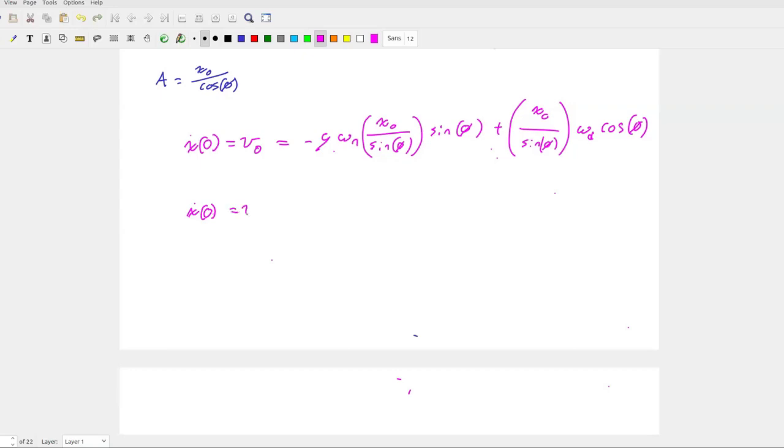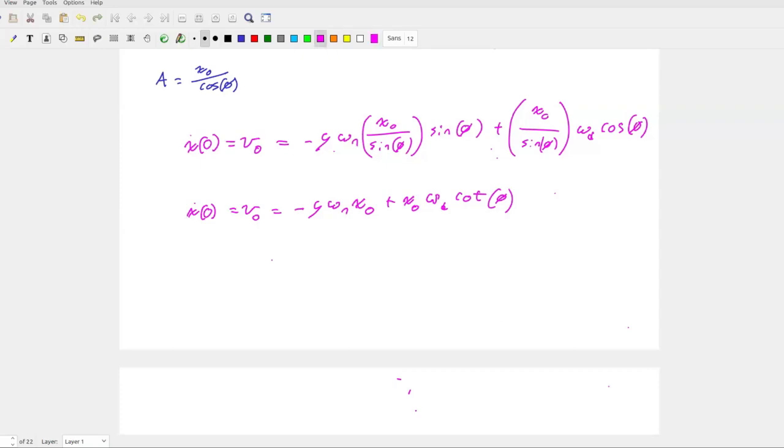Again, we're just solving for velocity, so we can call it v naught, is equal to negative zeta omega n x naught, plus x naught omega d cotangent of phi. Which sign do you think should be cosine?